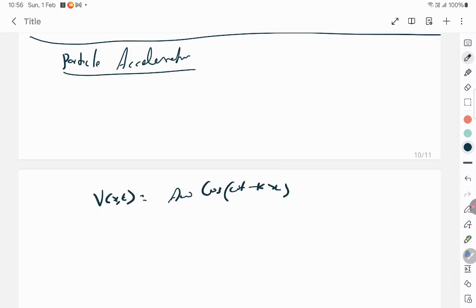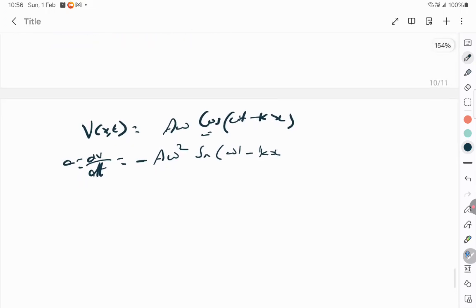This was the expression for velocity. Take it and differentiate it again with respect to time. You must do it with respect to time, not position, because this is acceleration. Cos will get differentiated with a minus sign, so you get −Aω² sin(ωt − kx), because you're differentiating once again, so you get one more ω.